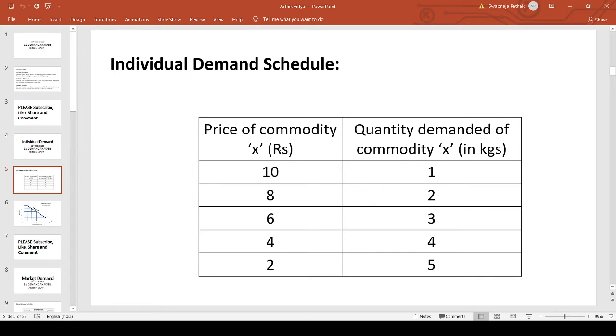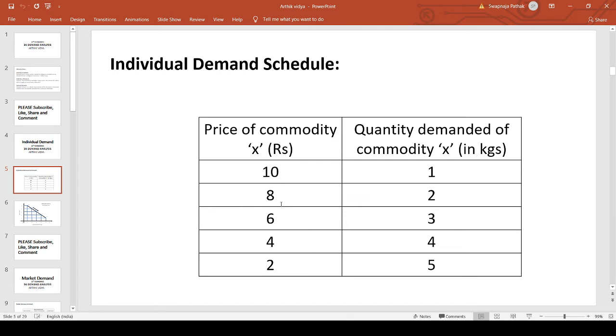The first column shows the price of commodity X. The table shows different quantities of commodity X purchased by an individual consumer at various prices.